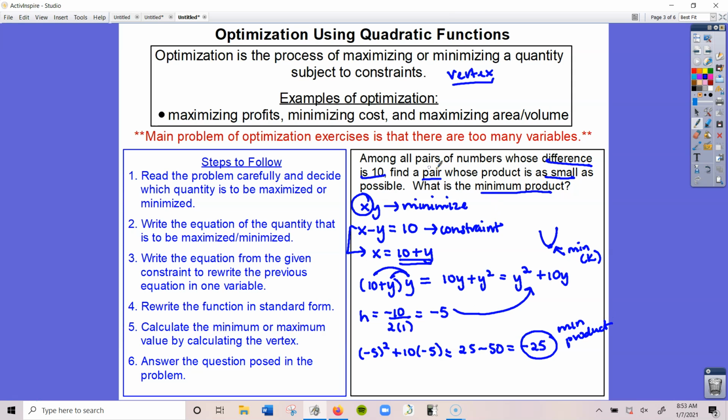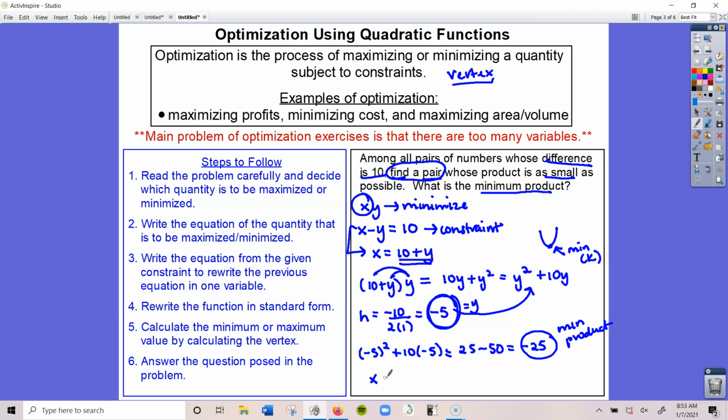Now, additionally, this particular question asked to find the pair of numbers. This first number that you found, remember that this represents y, since that is the variable in what I was minimizing. So in order to find the second number, we take the constraint and plug it in for y.